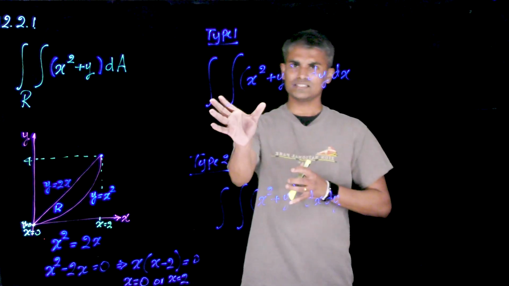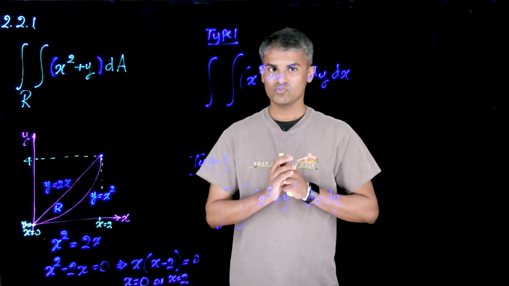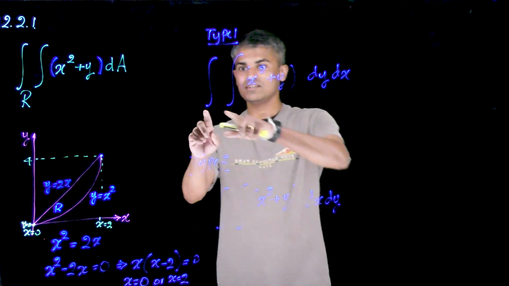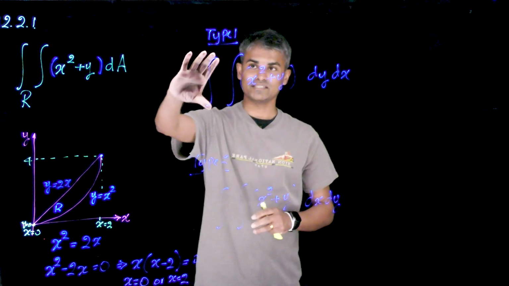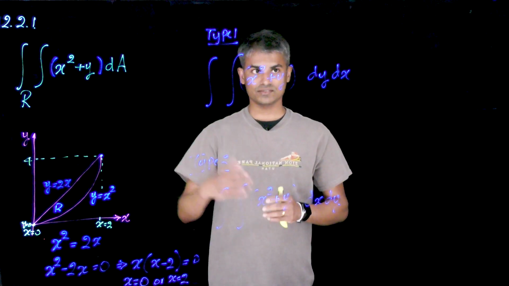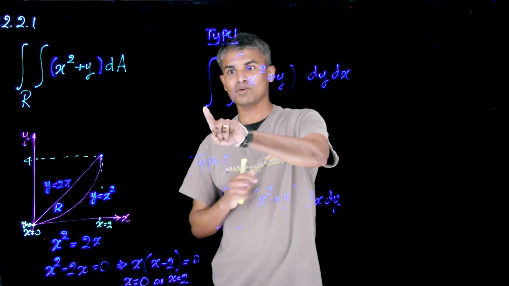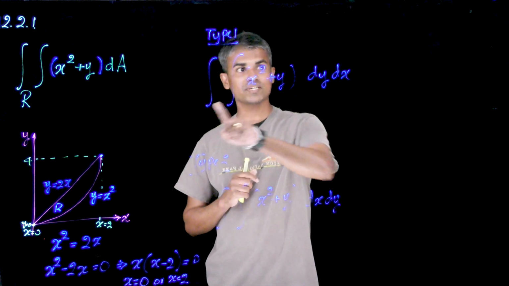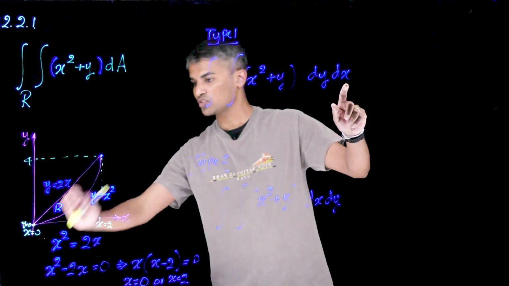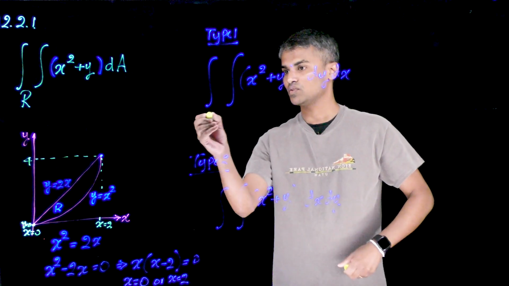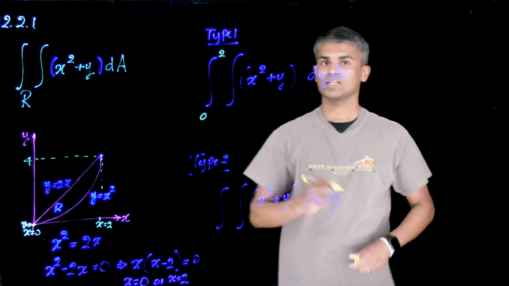When we set up this double integral, first find the limits of the outer integral. These two limits must be constants. The outer integral corresponds to the x variable, and x goes from 0 to 2. That is it.